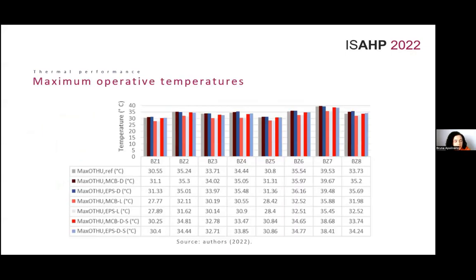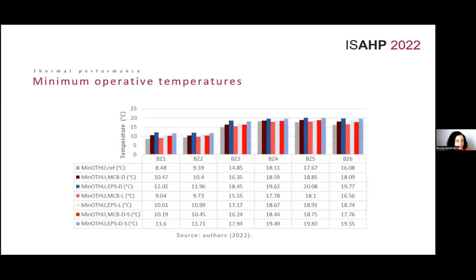So the analysis of the results began with the thermal performance, with the first parameter being the maximum operative temperature. And it was observed that systems with dark colors presented the highest values, and that in zone 4, 5, 6, 8, and 1, the EPS always presented the highest values, while in zone 2, 3, and 7, the masonry presented the highest values.